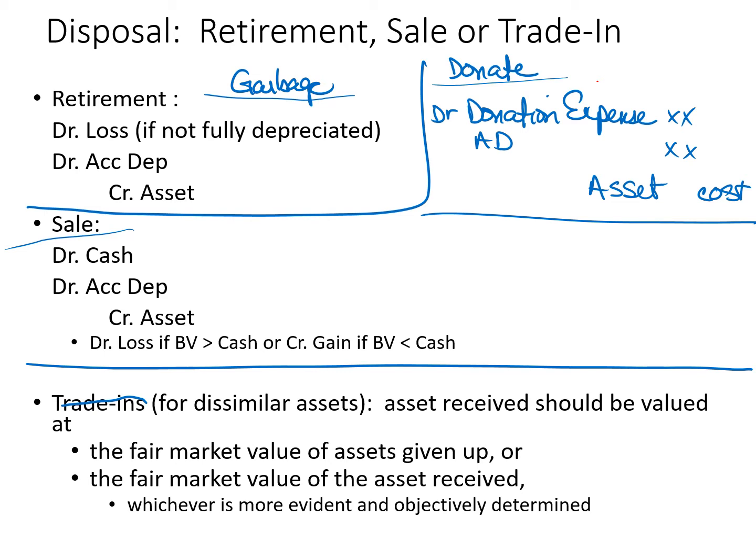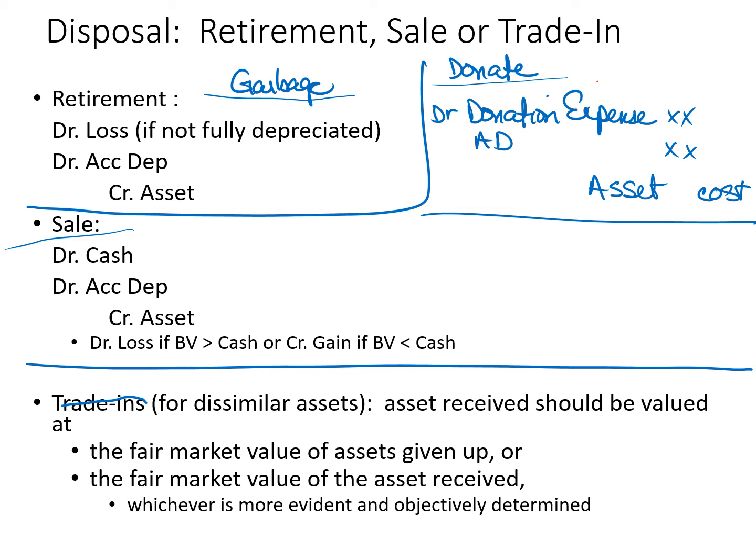Another way you can do it is you can trade in your property, plant, equipment for either similar assets or dissimilar assets, meaning you trade in a car for a car. You're not trading a car for a goat. That would be a dissimilar, or a car for a boat instead of a goat.